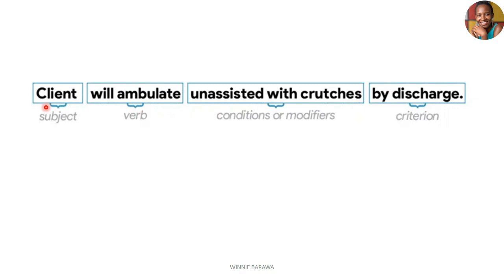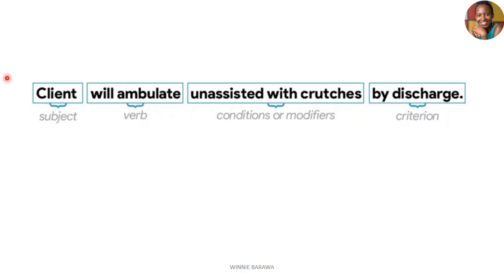So John, for example, will ambulate. Now ambulation is a verb. So this is the verb that we're talking about, and this is the goal the nurse expects John to do. So John will ambulate. But now, what are the conditions of ambulation that this John will demonstrate, and at which standard?